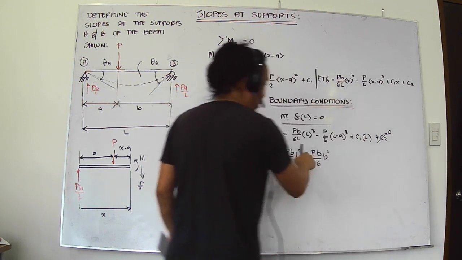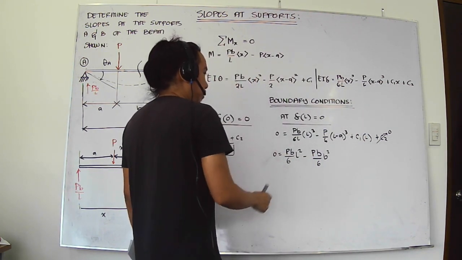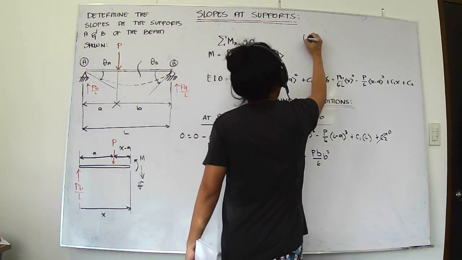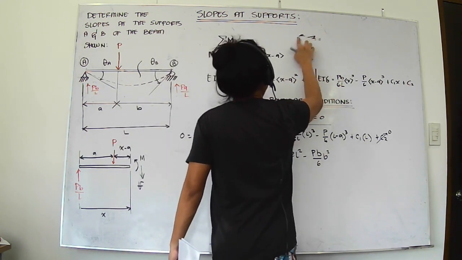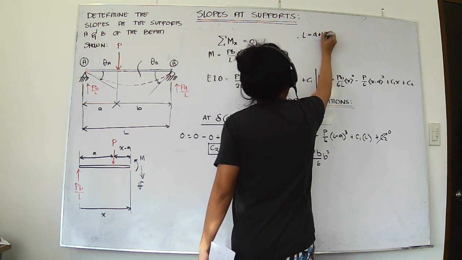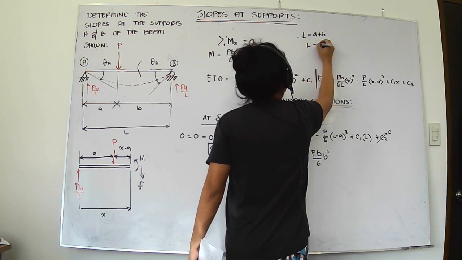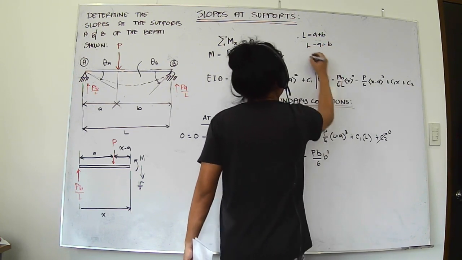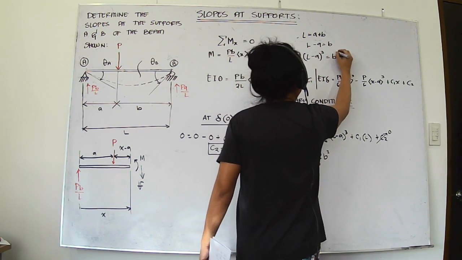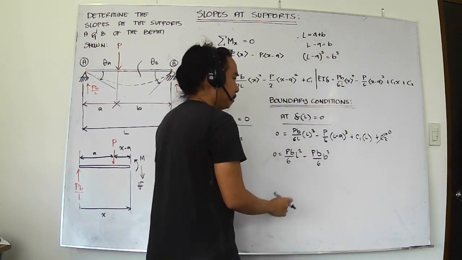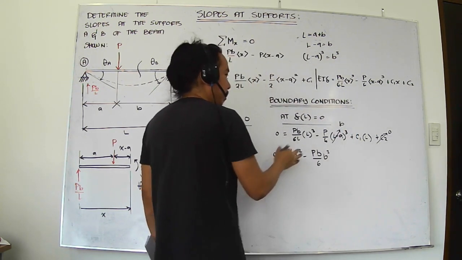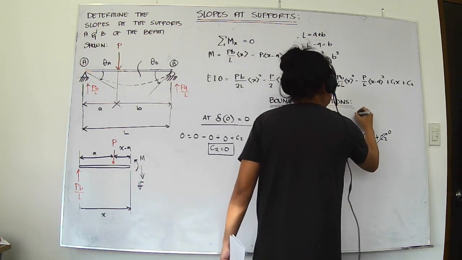You have to keep in mind that L is equal to A plus B, so L minus A is equal to B, and L minus A cubed is equal to B cubed.